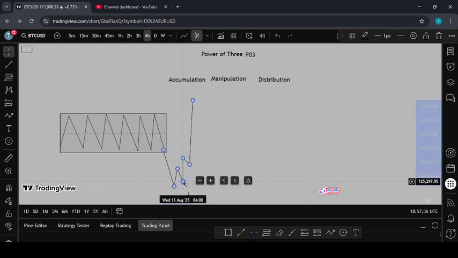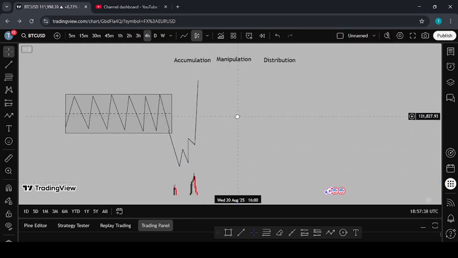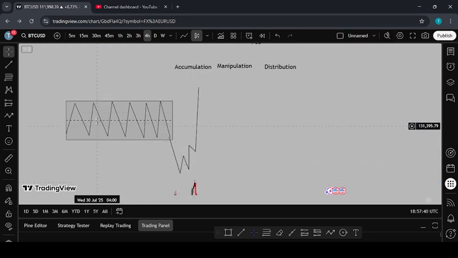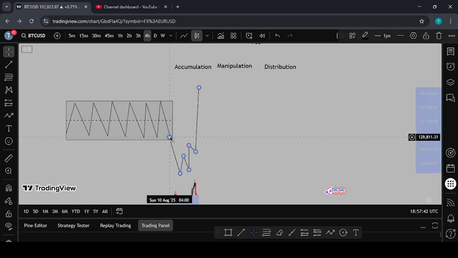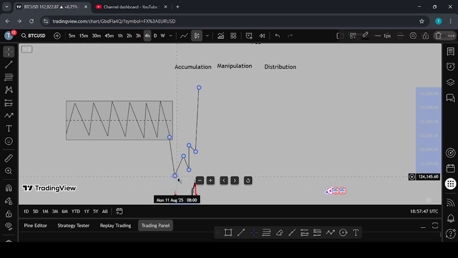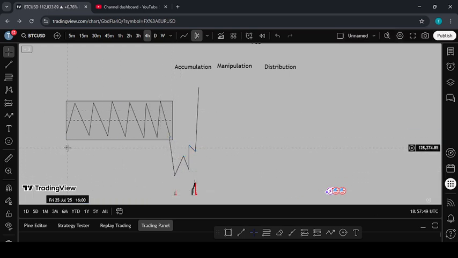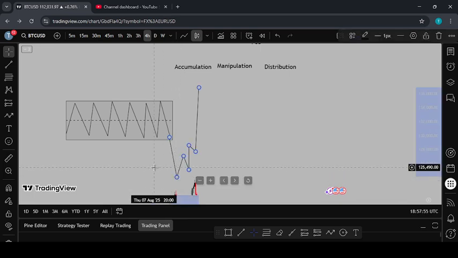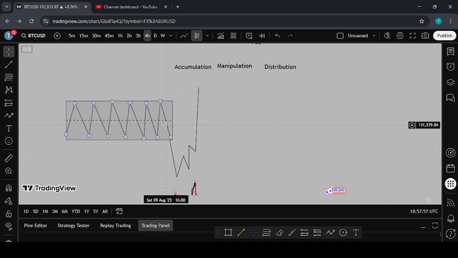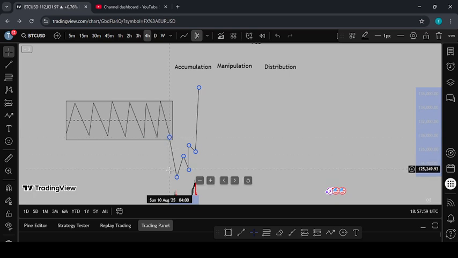Now this is the manipulation stage. What did it do? The market was accumulating, then all of a sudden you saw a shift downwards. This shift downwards swept all the liquidity resting below, right? Inducing people that we have broken out and we are going down.